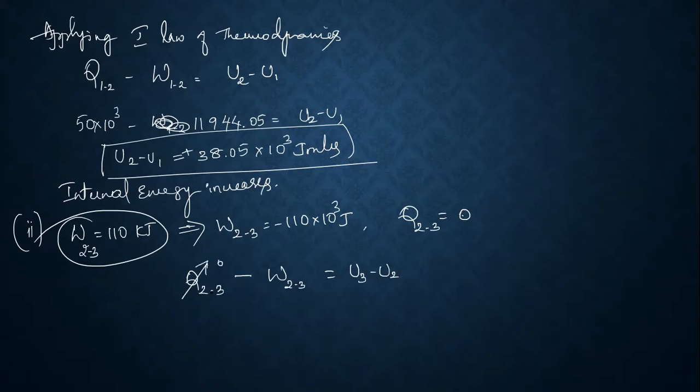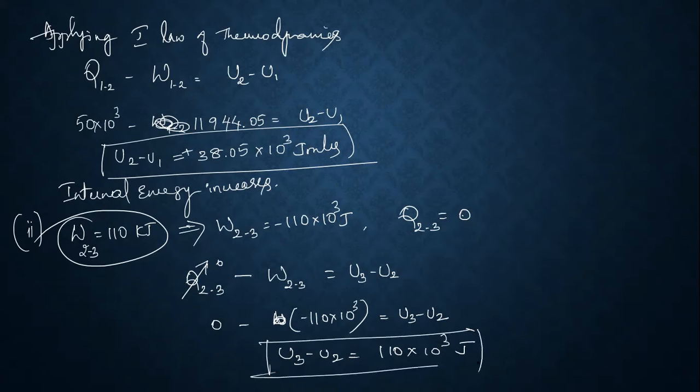Therefore, 0 minus minus 110 into 10 to the power of 3 is equal to U3 minus U2. U3 minus U2 is equal to 110 into 10 to the power of 3 joules. This is U3 minus U2.